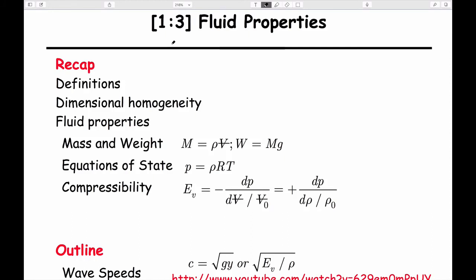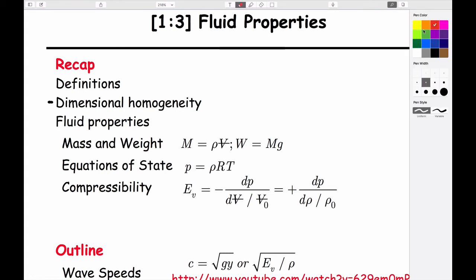All right, good. Well, last time we talked about basic definitions of fluid mechanics, of fluids, solids. We talked about dimensional homogeneity. We mentioned the fact that if you want to be able to add terms of an equation together, then they have to be dimensionally homogeneous. You can't add apples to oranges.